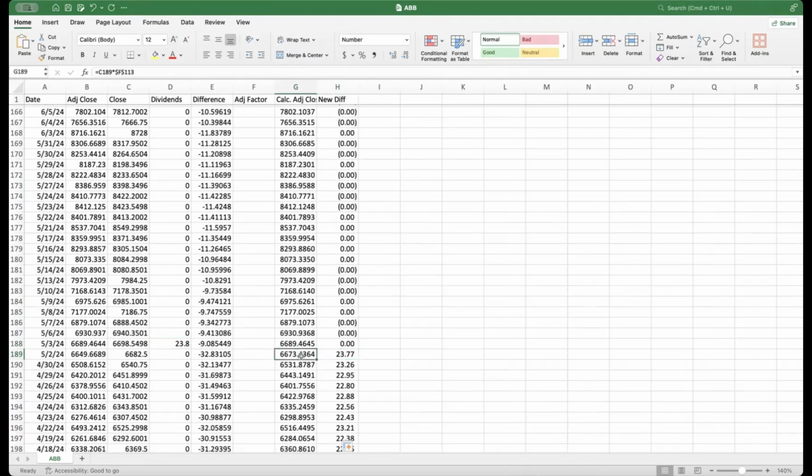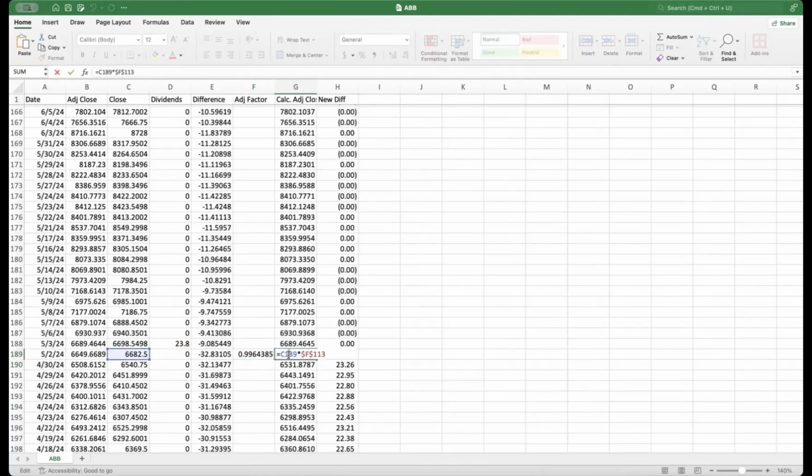So that means you need to adjust the close prices from this day and backwards. So we compute the adjustment factor again, which is the close price minus the dividend upon the close price.